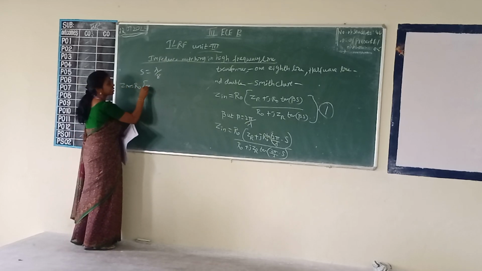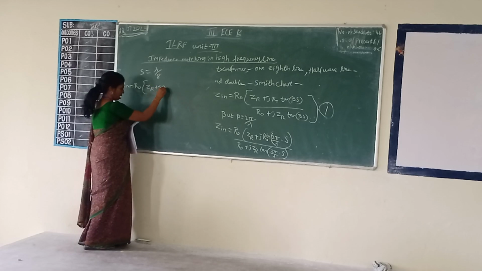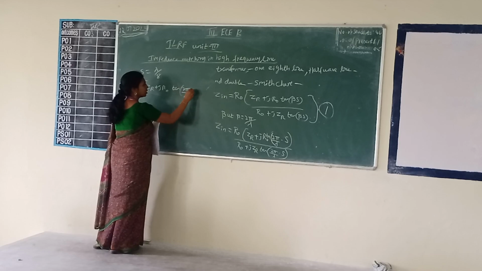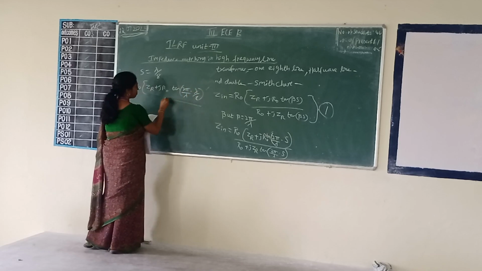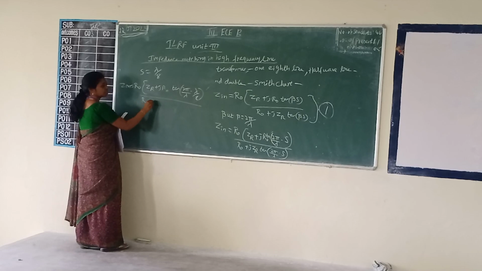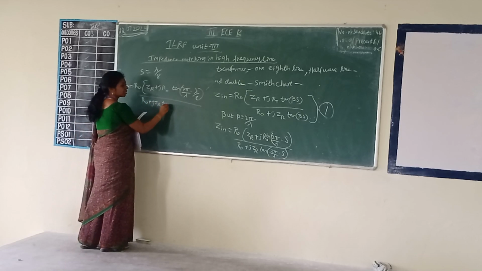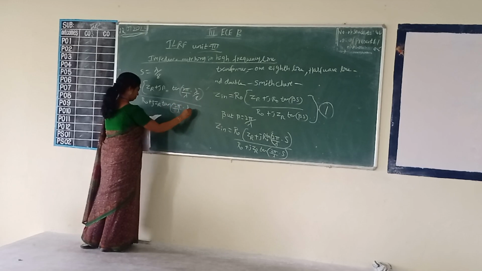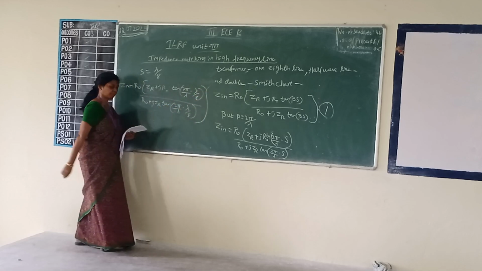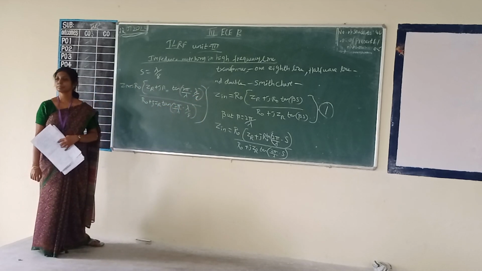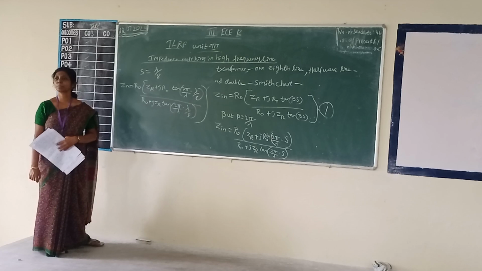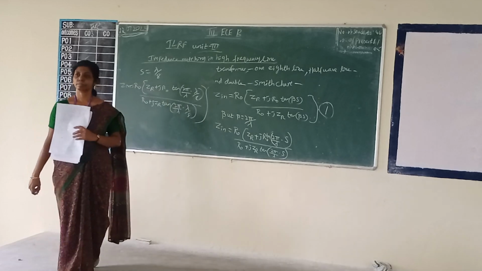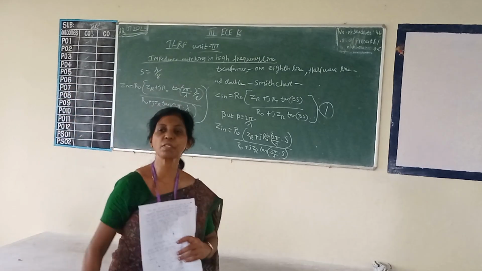Zin equals R naught Zr plus j R naught tan 2 pi by lambda into lambda by 8 by R naught plus j Zr tan 2 pi by lambda into lambda by 8. Substitute and simplify the equation.